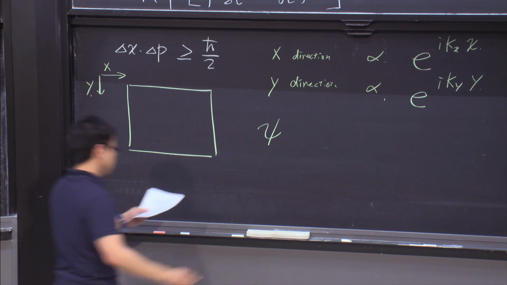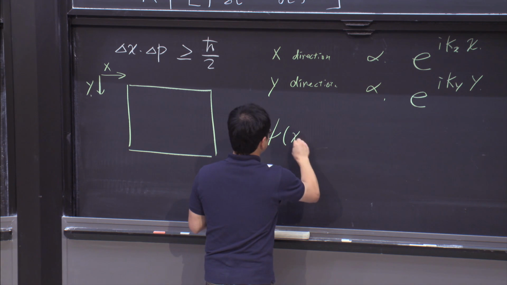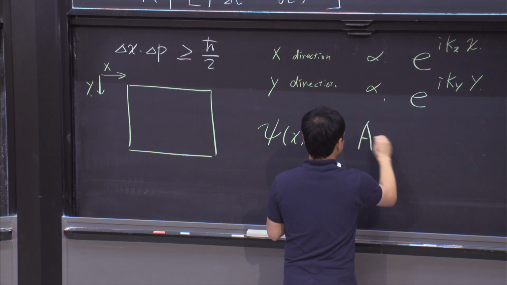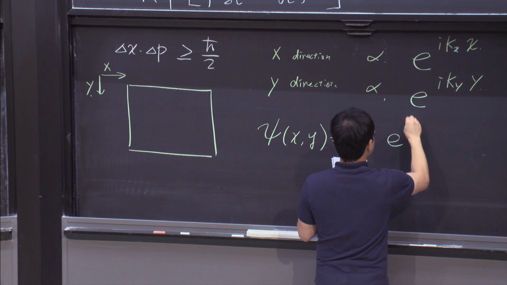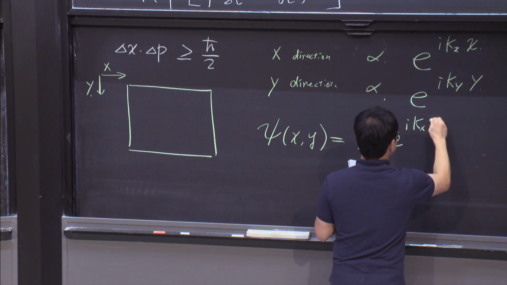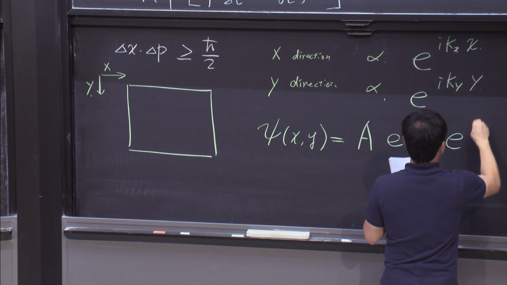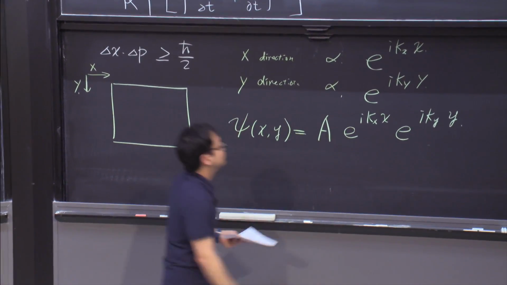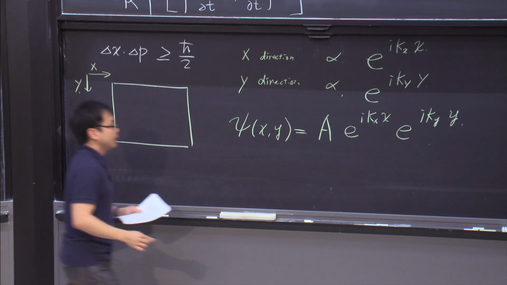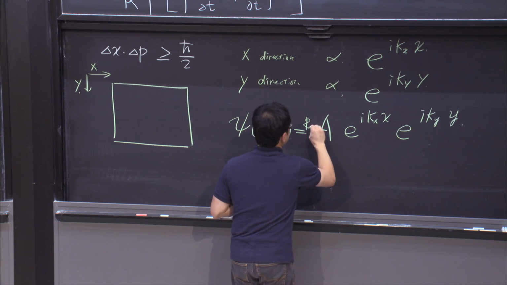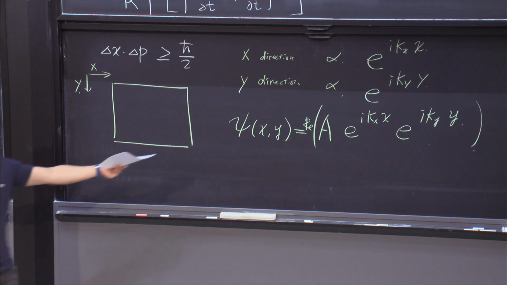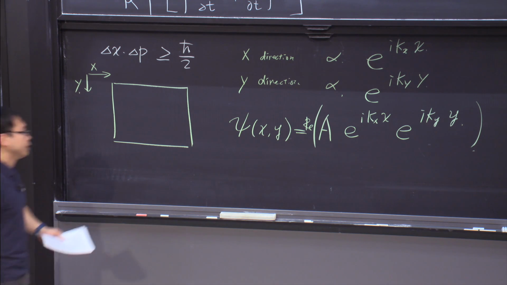What is that? Psi(x,y) will be equal to A times exponential i k_x x times exponential i k_y y. And I also need to take the real part, right? Something like this will be a possible normal mode, okay?